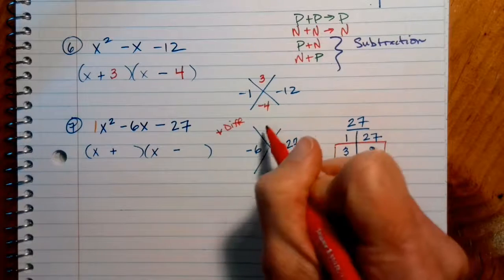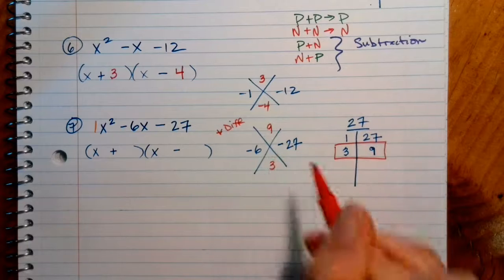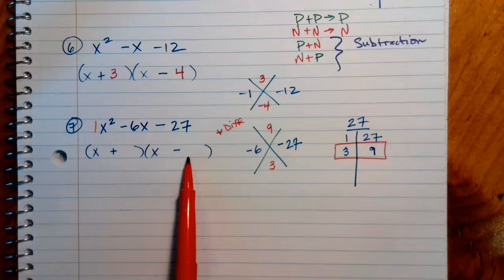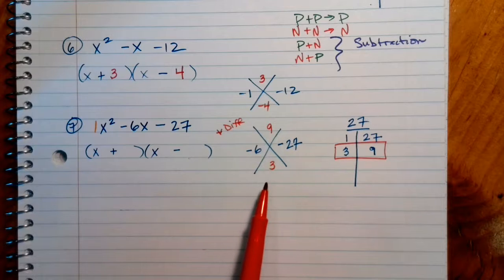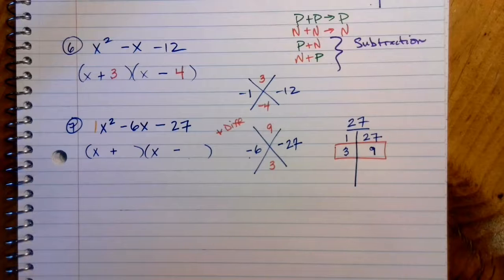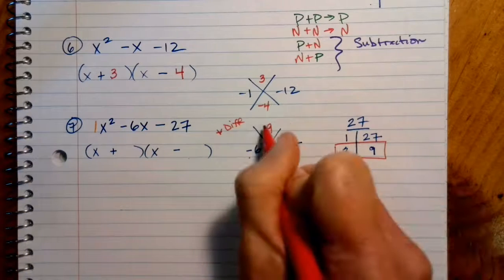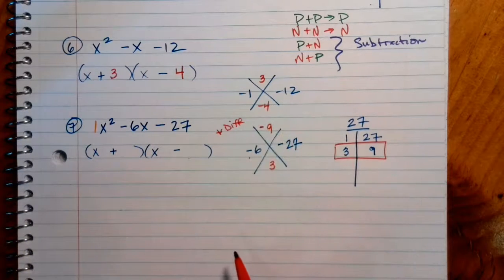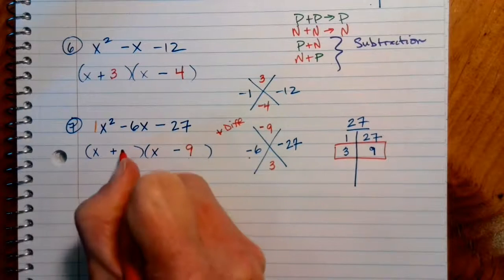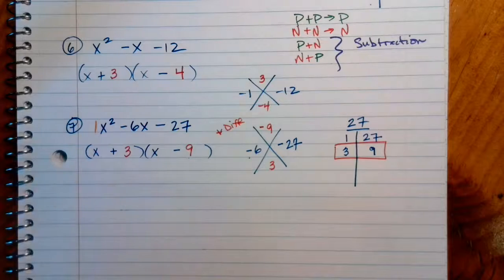So I can go ahead and put 9 and 3. So the big question is, who gets the negative sign? Who goes in this position, the 9 or the 3? So when I look here, I see that I have more negatives. So I'm going to go ahead and assign the negative to the 9, leaving the 3 positive. So my 9 gets the negative and the 3 gets the positive.